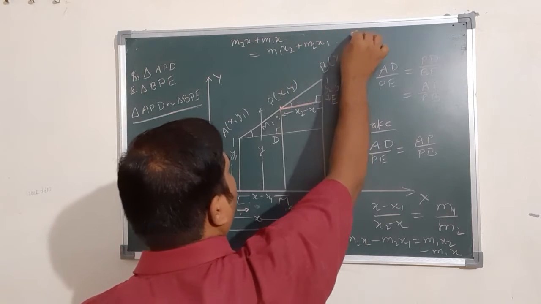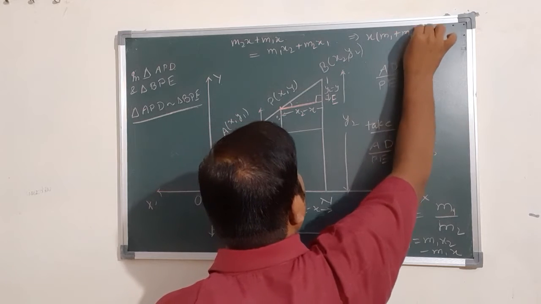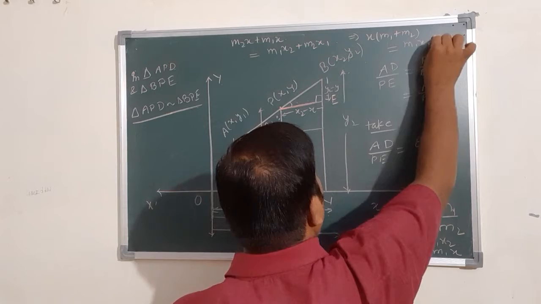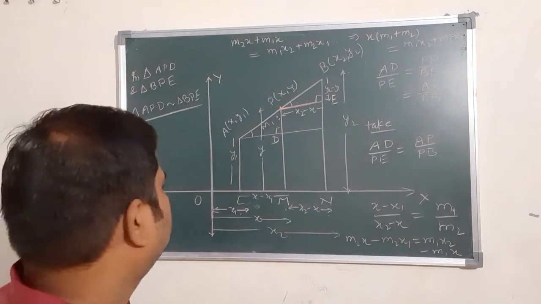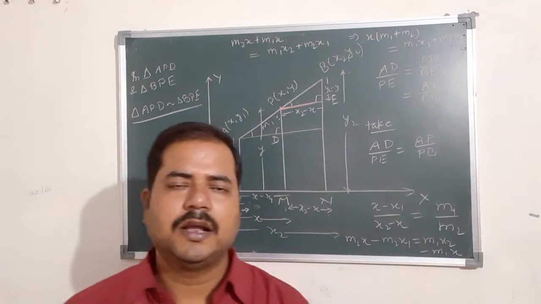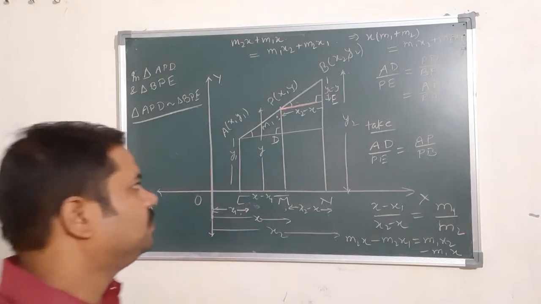If x is common here, then this is x(m1 plus m2) is equal to m1x2 plus m2x1. So x is nothing but (m1 x2 plus m2 x1) divided by (m1 plus m2).